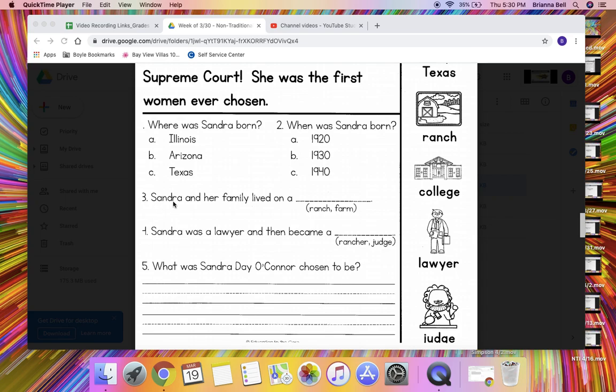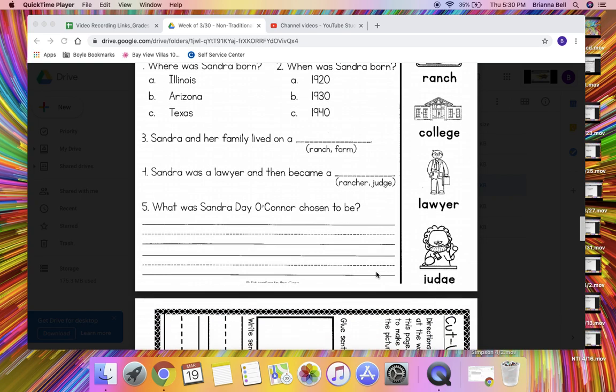Number 3, Sandra and her family lived on, was it a ranch or a farm? Number 4, Sandra was a lawyer and then became, was it a rancher or a judge? And number 5, what was Sandra Day O'Connor chosen to be?